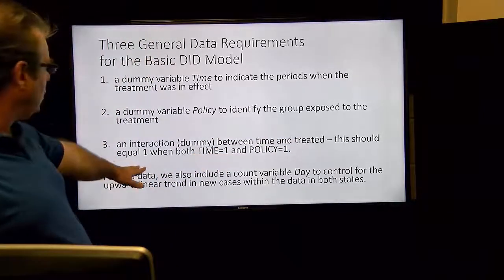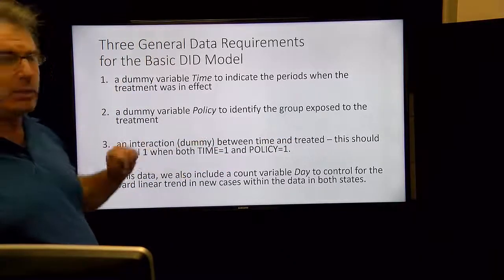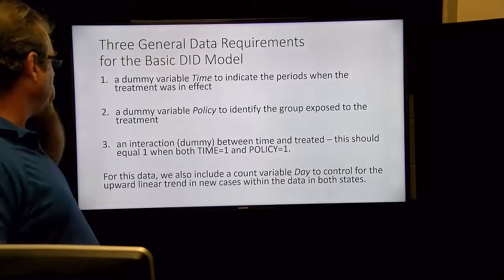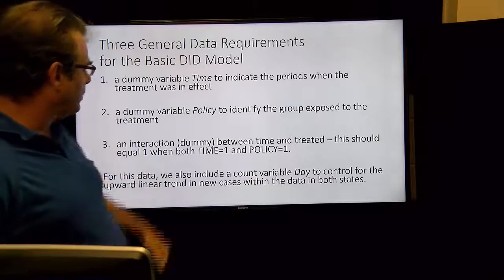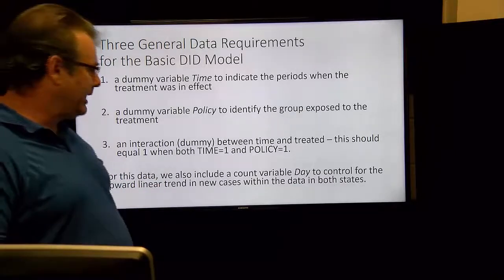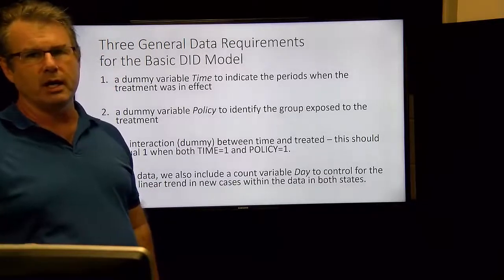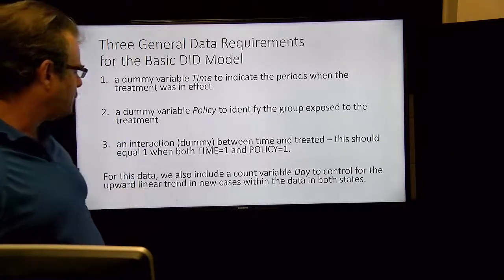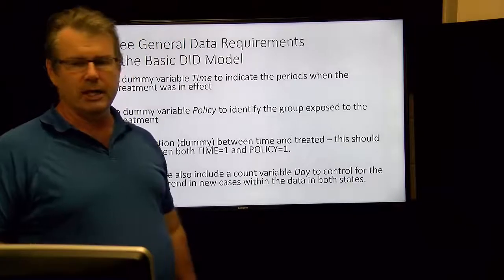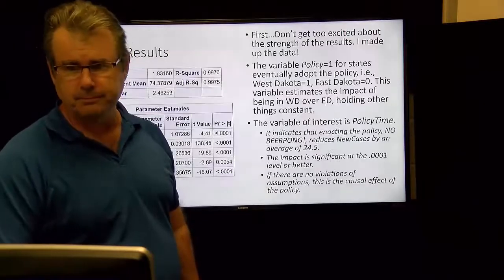And it should only equal 1 when both time equals 1 and the policy equals 1. Okay? Additionally, for this data, we also include a count variable called day, and that's just the number of days from the start of the outbreak. And it controls for any upward linear trend in cases within the state or within both states.